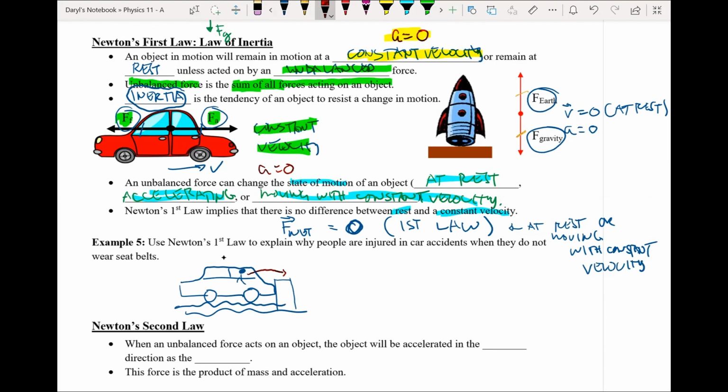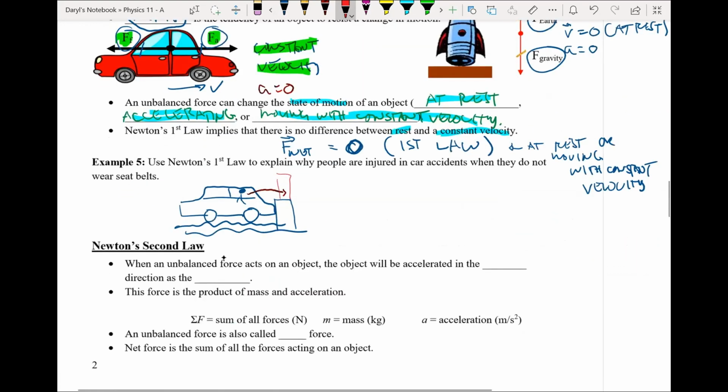Okay, and that could be devastating if you hit the windshield, or if you hit that particular barrier. So that's the reason why you need to actually have your seatbelts on, especially in highways. You're moving relatively at great speed.